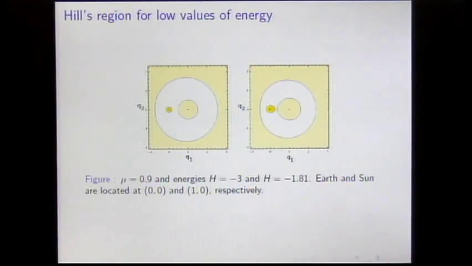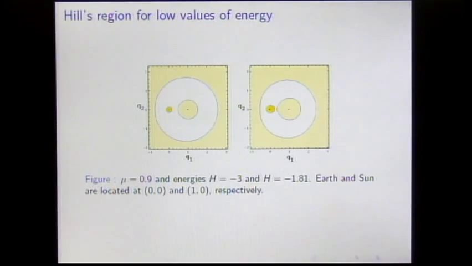So the motion of the third body depends on, of course, the energy and the parameter. Let's consider that the moon has low energy. If the third body has low energy, then, here this black dot means the Earth at rest, which is at the origin of the system. I'm just plotting the Hills region on the plane for low energies.